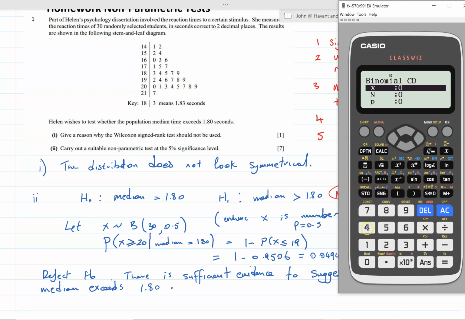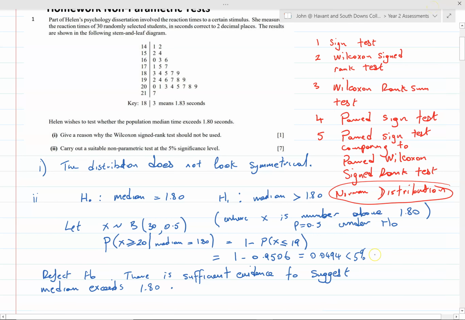So if we put the number 19 in, because that's the number we want to deal with, and we put the sample size as 30 and p as 0.5, we get that number 0.9506, which I've got there, which then leads us to 0.0494, which is less than 5%, which leads us to reject the null hypothesis.